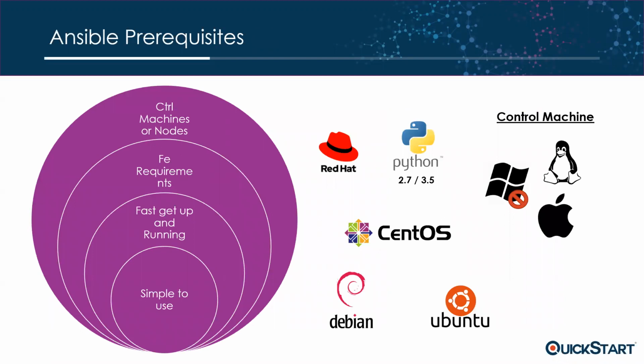So let's move to the Ansible prerequisites. This is a really very interesting part because we need to consider all what we'll be discussing before installing Ansible. So always knowing this part: simple to use, fast to get up and running, a few requirements, the control machines or nodes.